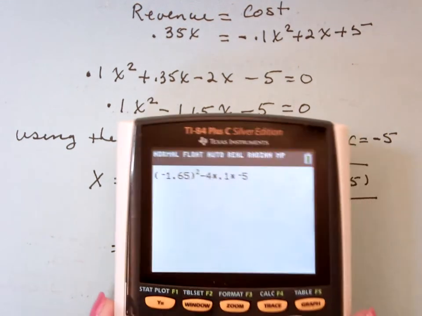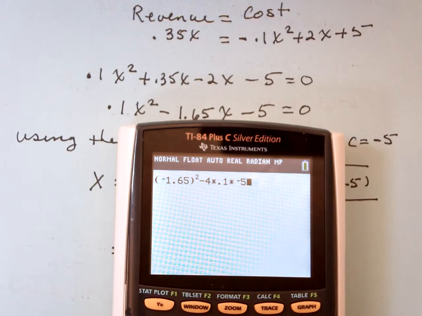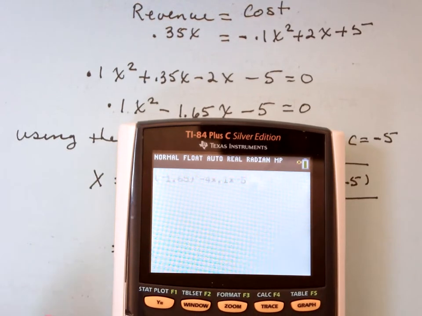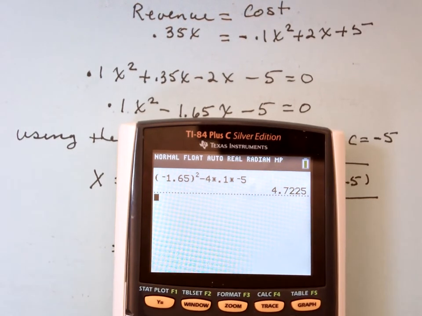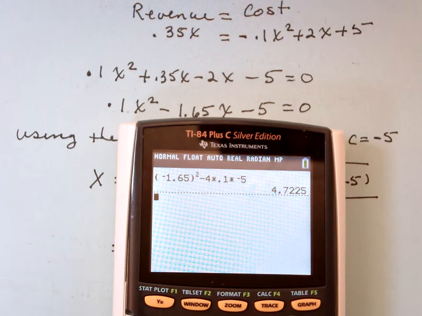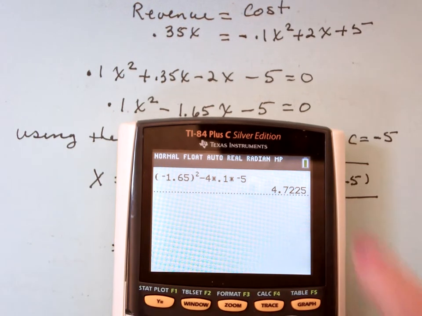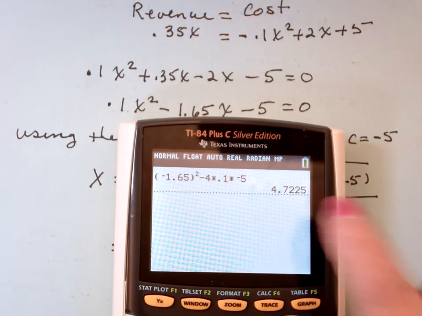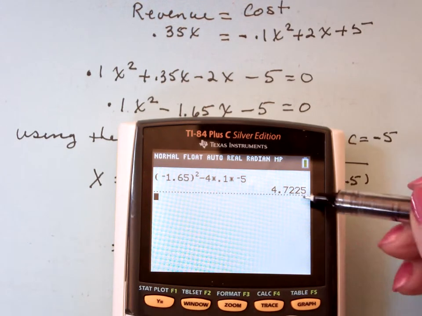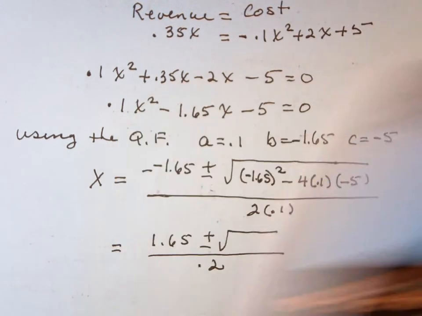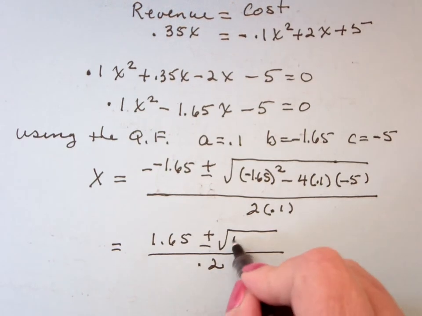So essentially that's what I put in my calculator. And it's 4.72. I only take it to the nearest integer whenever I finally give my final answer. So I can take it out to all of these places, or I can take it out to like 4.7 or 4.72. And I'm going to do 4.72.